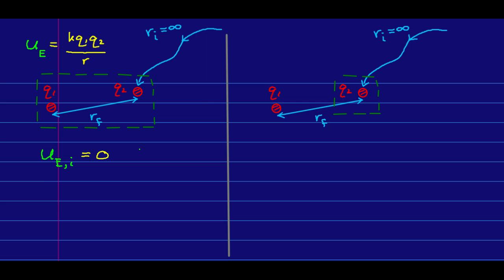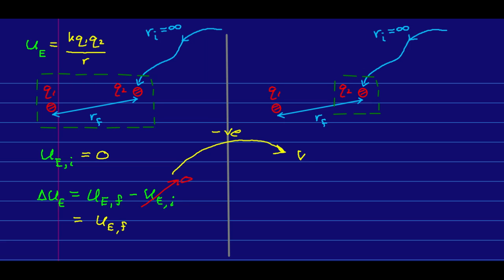So in the case where both of the particles are in the system, our delta U_E was just U_E final. And remember that we take the negative of that to get the work that Q1 did on Q2 as Q2 was brought in from infinity.